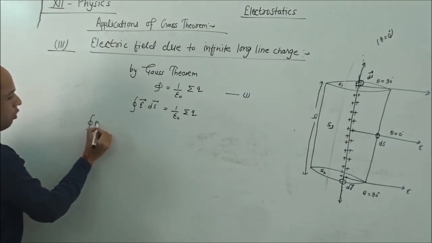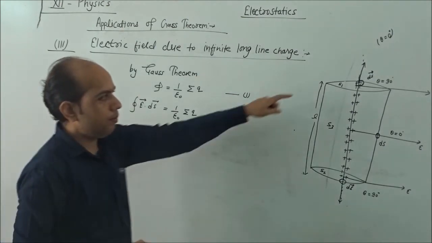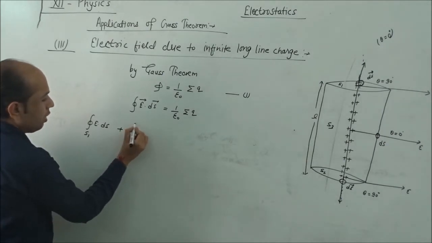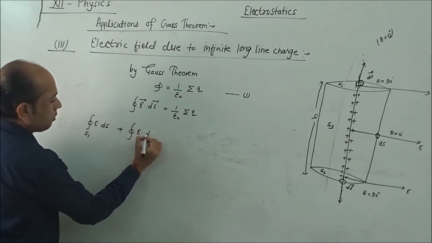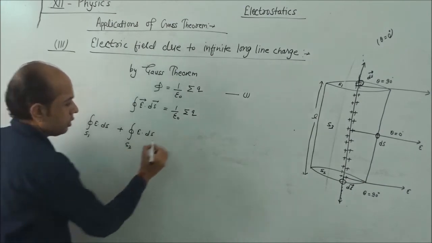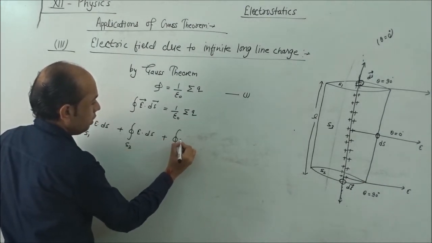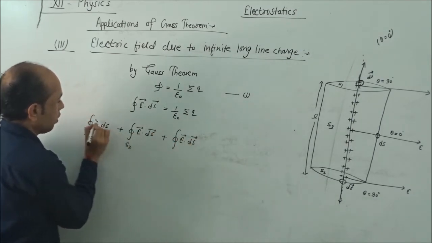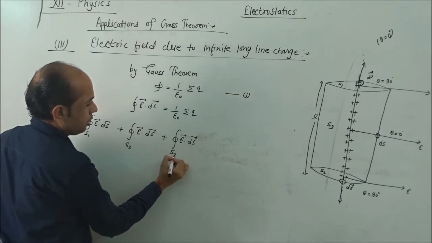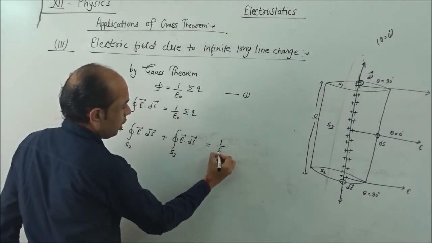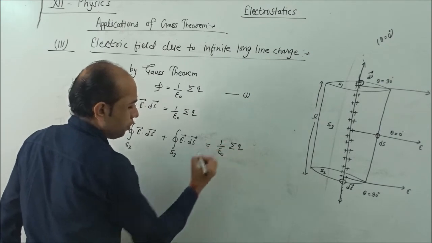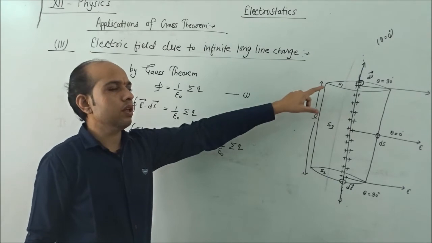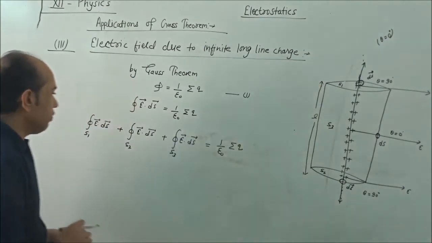So this integration is split in 3 parts. First, E dot ds for the S1 surface, so I am writing here S1 surface. Similarly, integration E dot ds for the S2 surface, and last one, E dot ds for the S3 surface, and this equals 1 upon epsilon naught times summation of Q. Now as per the given diagram, we put the values of theta, that is the angle between E and ds.